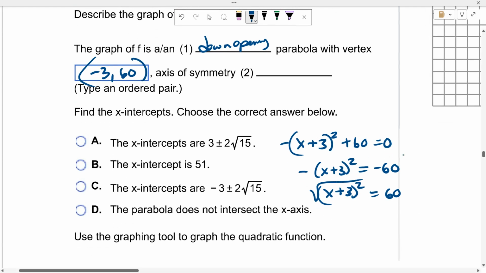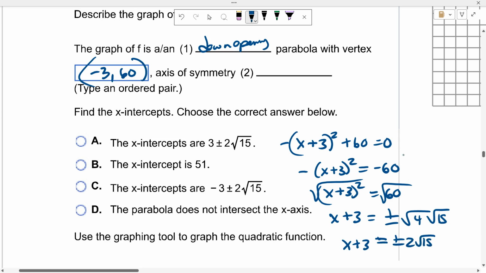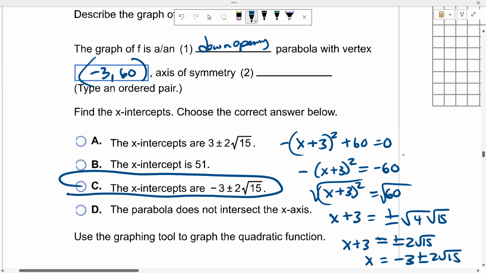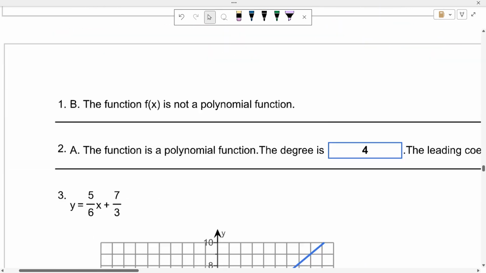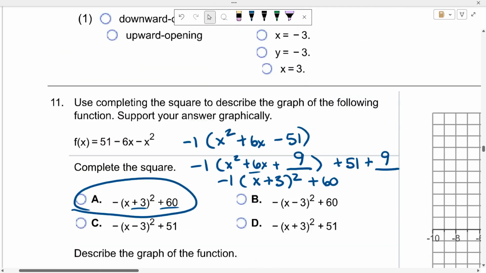We take the square root of both sides. x plus 3 equals plus or minus the square root of 4 times the square root of 15. So x plus 3 equals plus or minus 2 square root of 15. So x equals negative 3 plus or minus 2 square root of 15. There's your x-intercepts. And that is that. Okay?